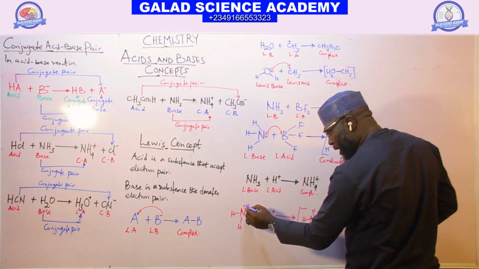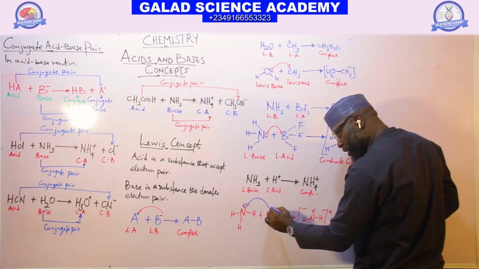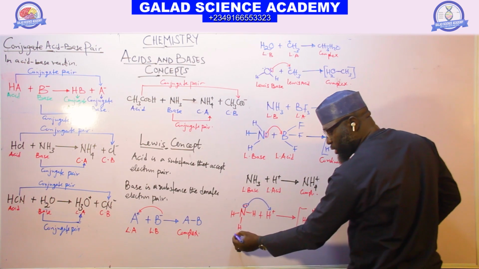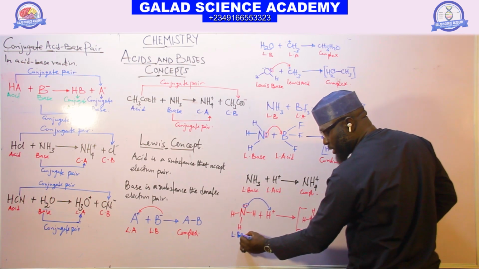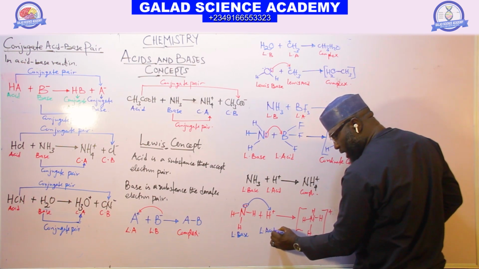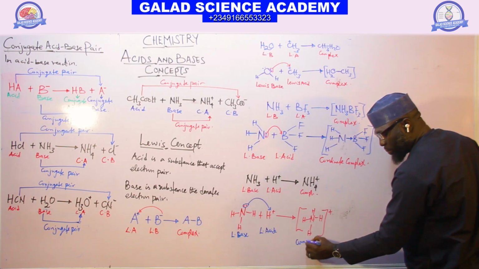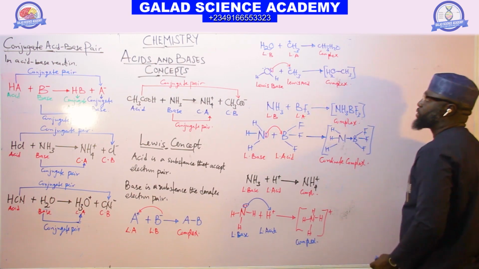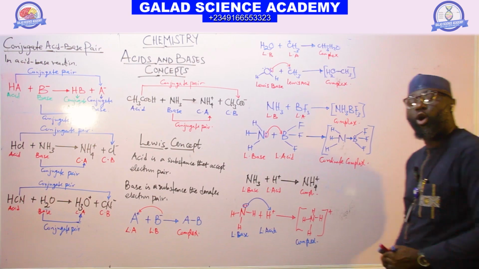So this lone pair, you donate it to this. The species that donates is called a Lewis base. The species that accepts a pair of electrons is called a Lewis acid. And this is a complex form.